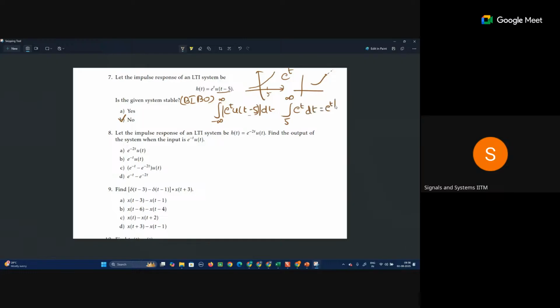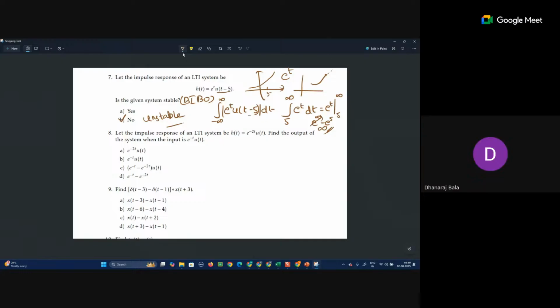If we integrate e power t, we get e power t only. After substituting the limits, we get e power infinity minus e power 5. So this becomes infinity. Since it is approaching infinity, it will be unstable. Am I clear? Yes, ma'am.